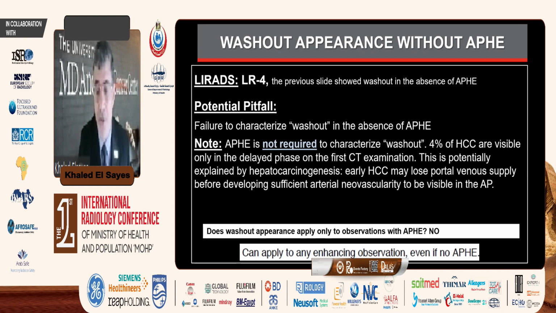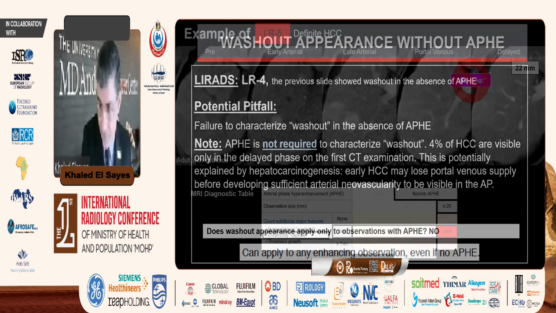Because early HCC may lose the portal venous supply before developing sufficient arterial neovascularization. So you don't see arterial phase hyperenhancement, but you can see it in the portal venous phase and delayed phase because you lose the portal venous supply. That's the hypothesis of why you're seeing the washout without actual observation in the arterial phase.